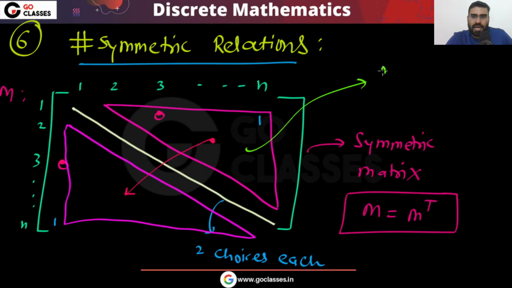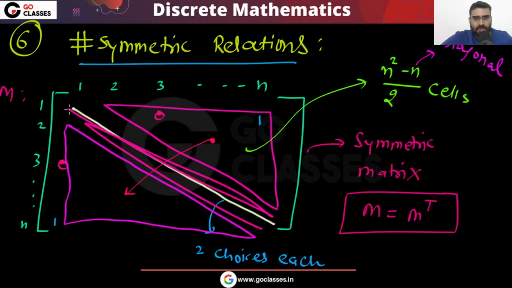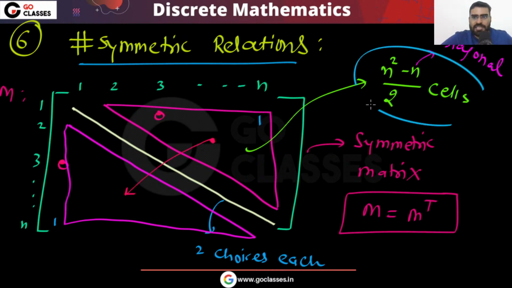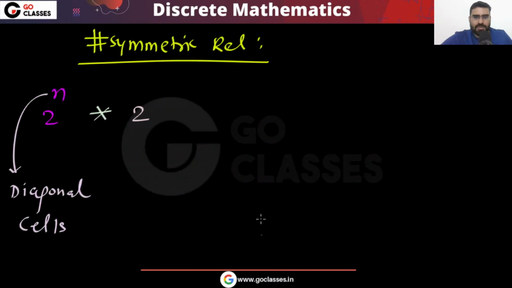In this you have a total of (n square minus n) divided by 2 elements, yes or no? Because you are removing these diagonal cells and then dividing by 2. So you have n square minus n divided by 2 cells.